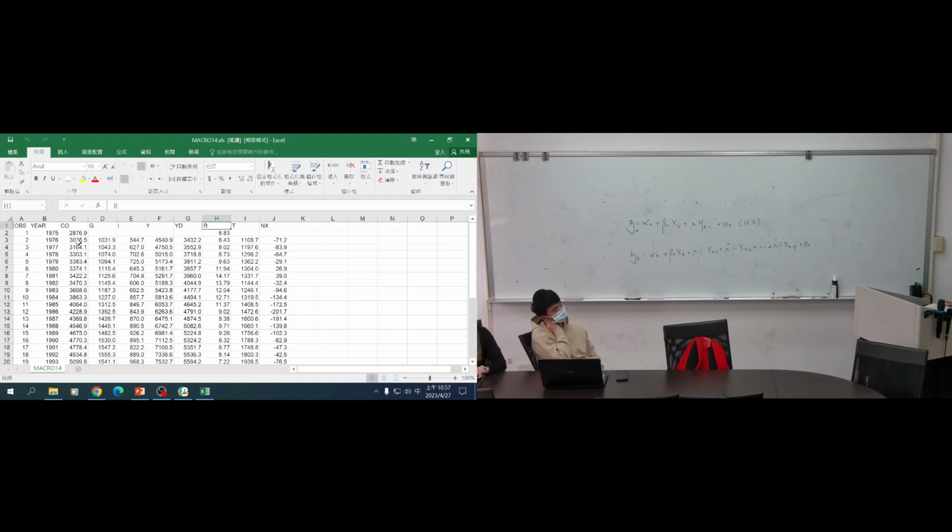If you have the textbook, this is an example of the dynamic model in 12.4. So CO is my Y variable, and YD is my X variable.